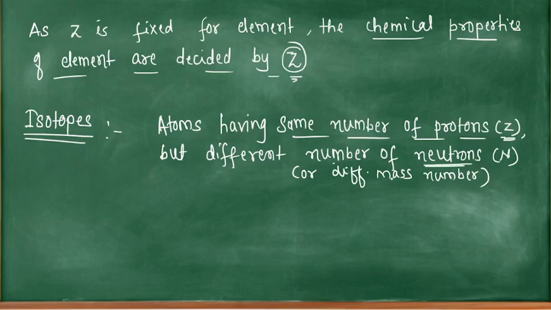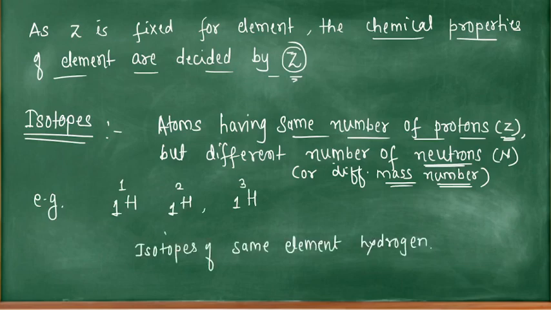A different number of neutrons means a different mass number. Z is the same, but the mass number is different. Z is the same means the elements are the same, and these are the isotopes. So 1H1, 1H2, 1H3 are the isotopes of the element hydrogen.